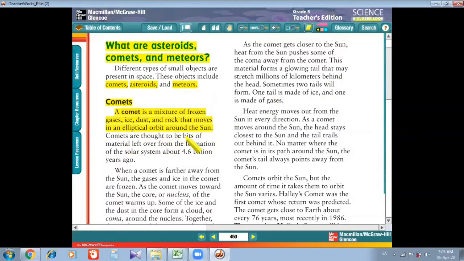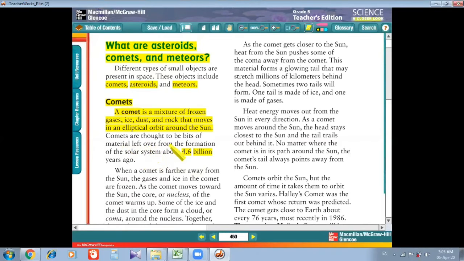Comets are thought to be bits of material left over from the formation of the solar system about 4.6 billion years ago. Now it is said about the comets that these are very tiny pieces of some material. Which material? It's the leftover material, the material from which the solar system was made.